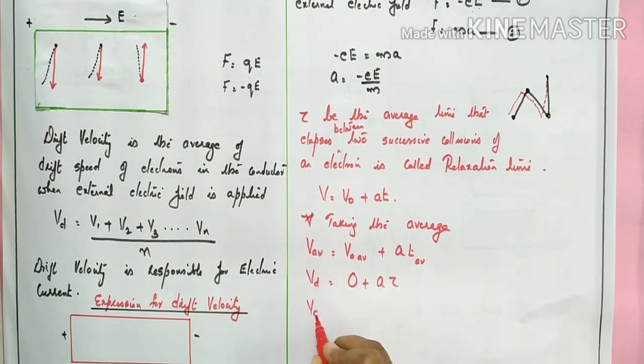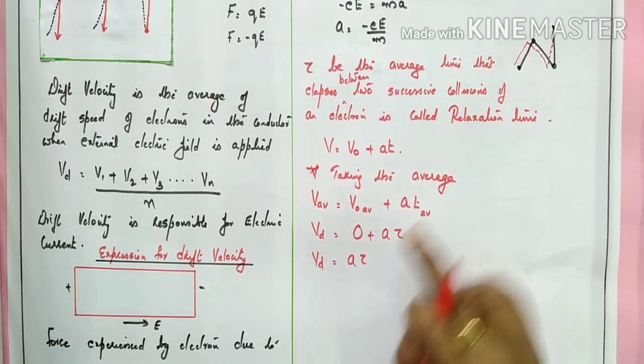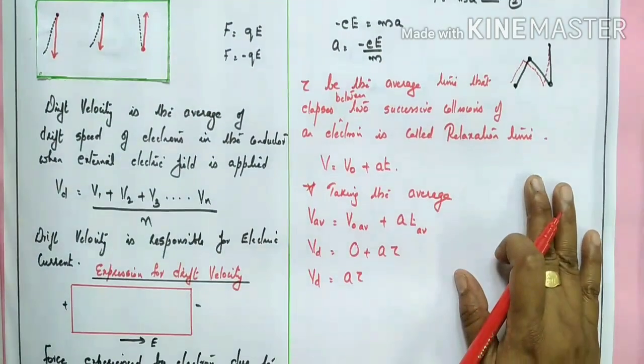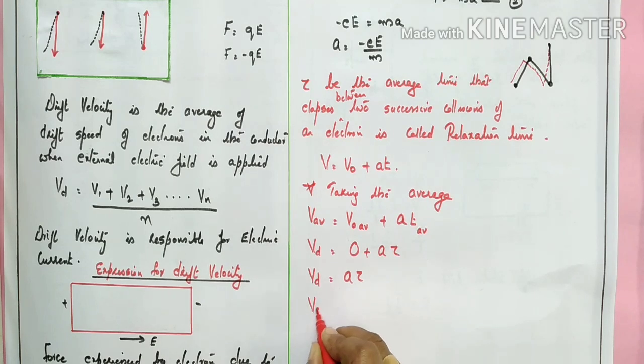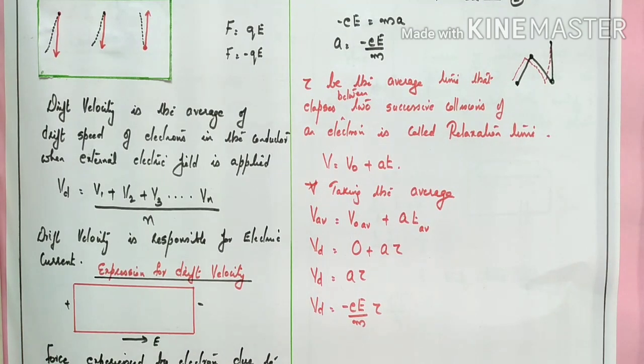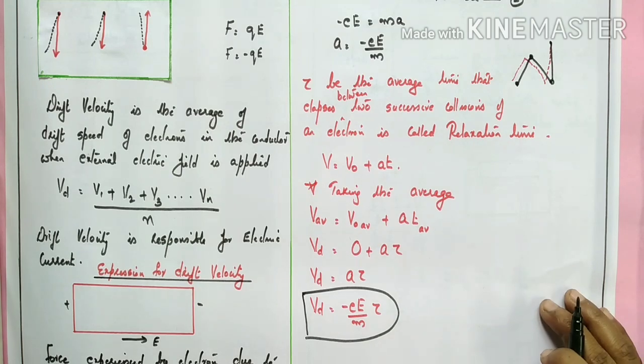So drift velocity Vd equals A tau. Substitute the value of acceleration, A equals minus eE divided by m. Then Vd equals minus eE divided by m into tau.